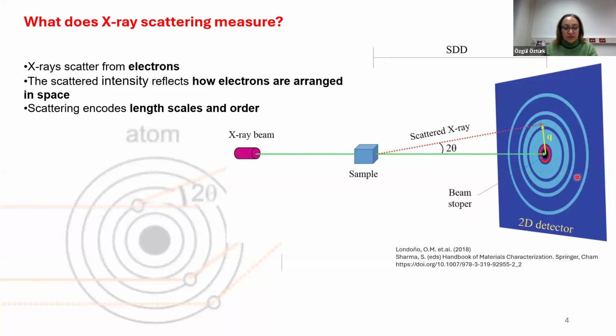Instead, we measure their correlations and how the density changes over different length scales. Different kinds of detectors exist, and the detector records intensity as a function of angle. Those angles correspond to specific real-space distances in the material.